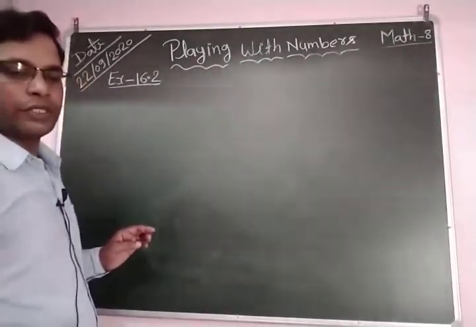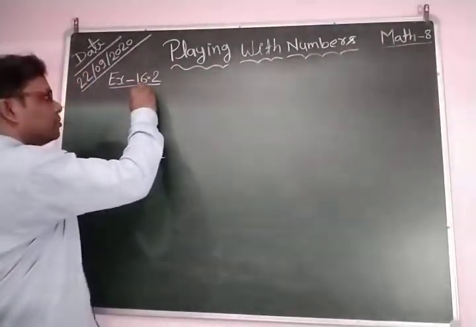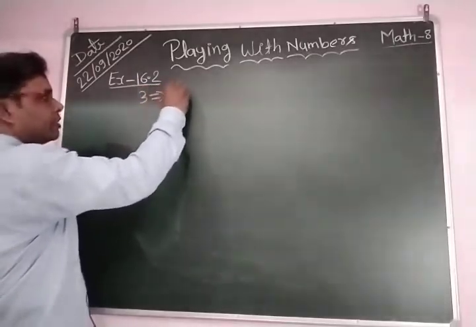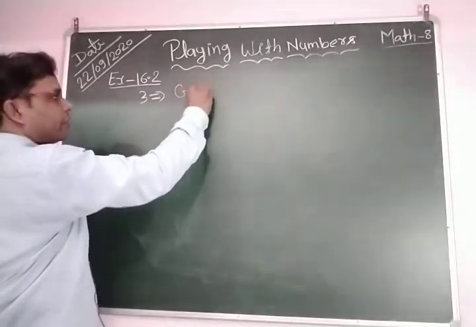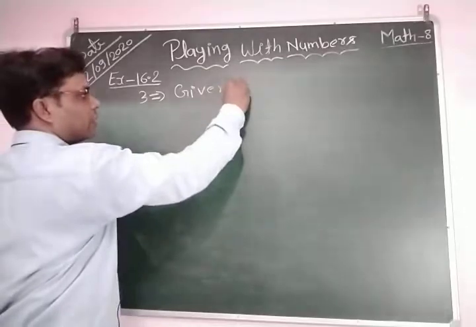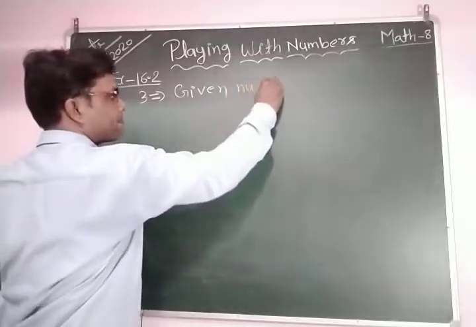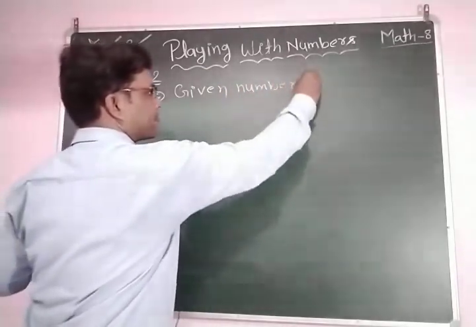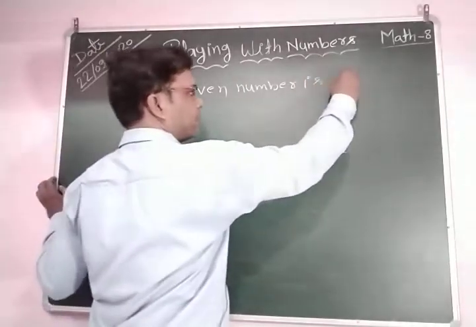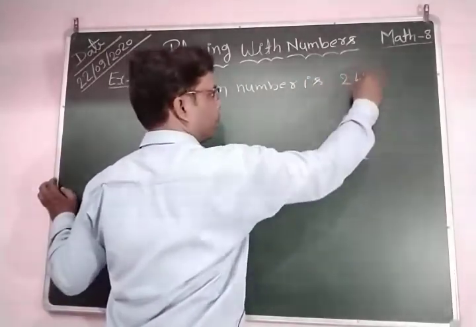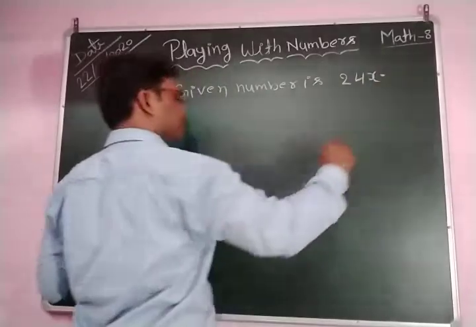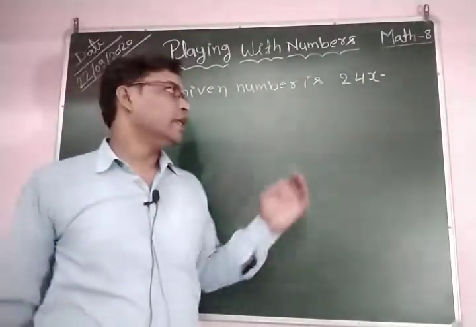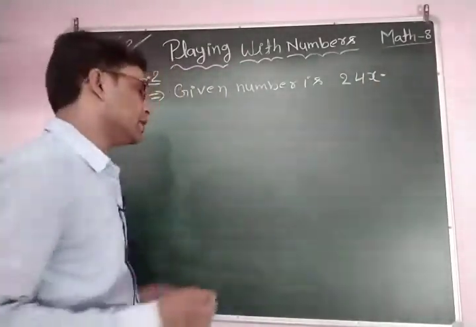In this question number 3, the given number is 2, 4, x, where x is a digit, and this number is divisible by 3.